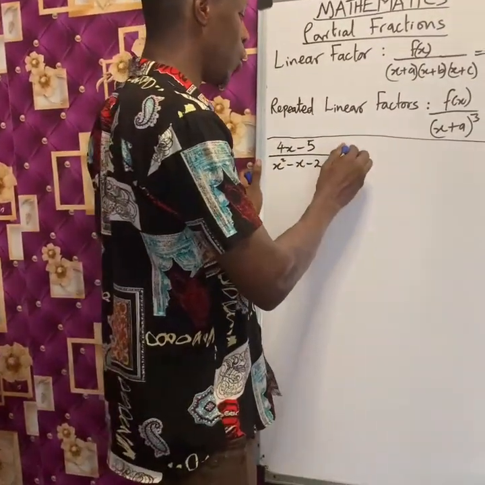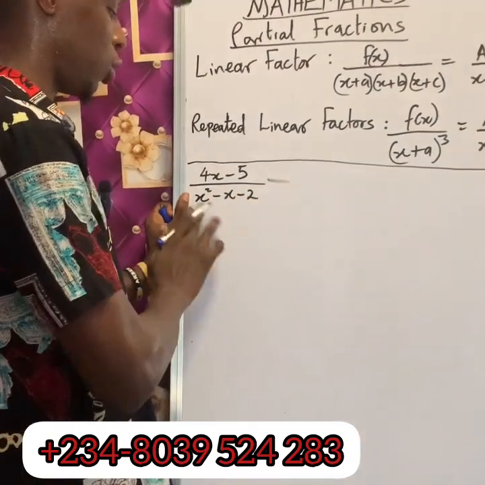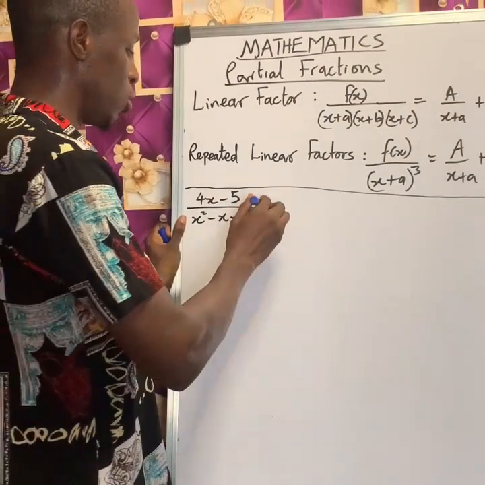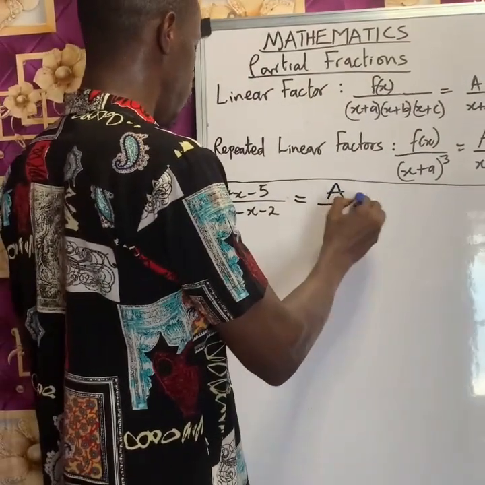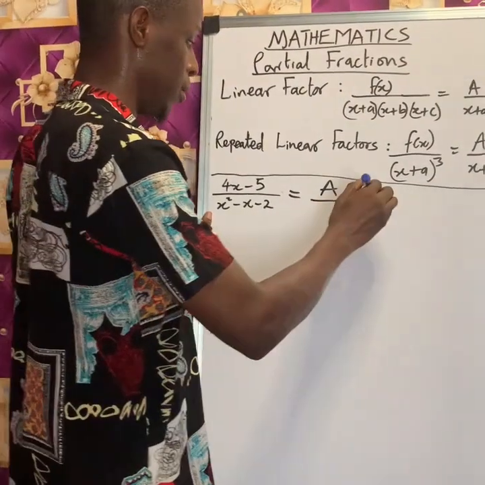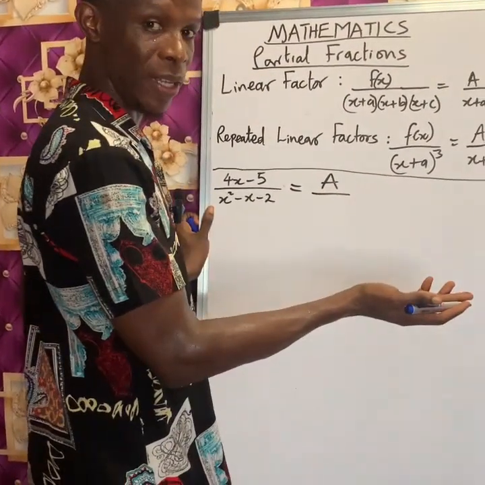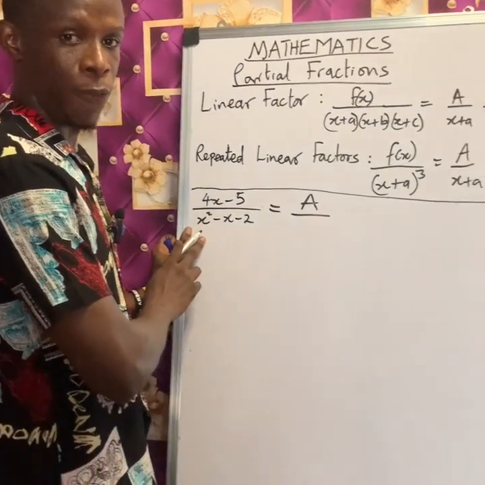So with this now, this is the question, we are resolving this. So this is equal to a over, since we don't have anything there, that means we are going to factorize this. Are you following?